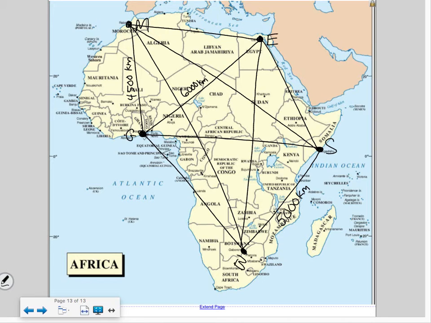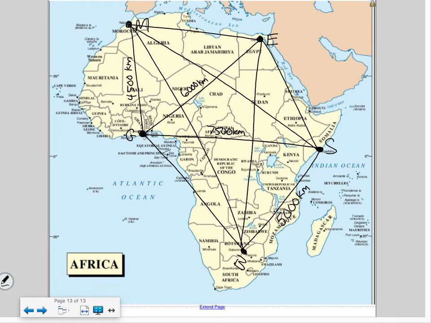And going across the middle, 7,500 kilometers from Ghana to Somalia. You said 7,500?